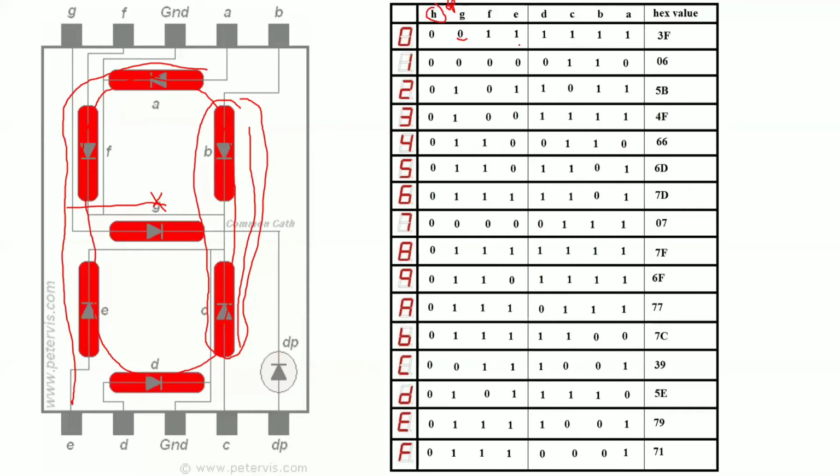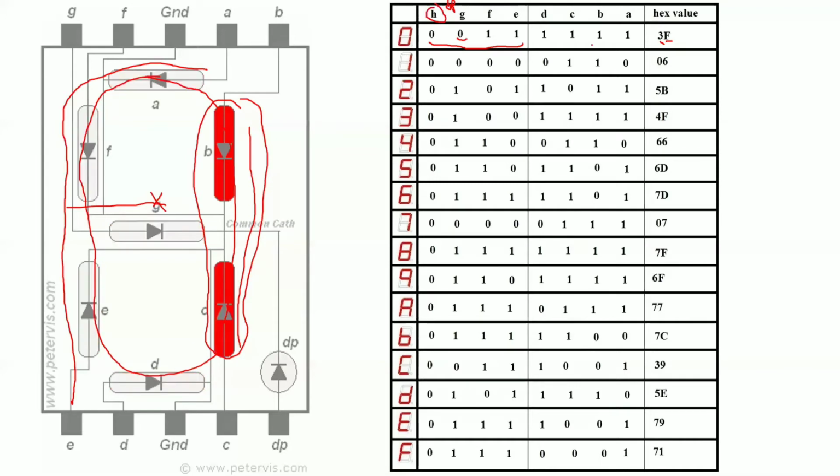Now this becomes your hexadecimal number: 0011 becomes 3, and 1111 becomes F. So if you send 3F to this 7 segment display from your 8051 microcontroller port, you can display 0 exactly.